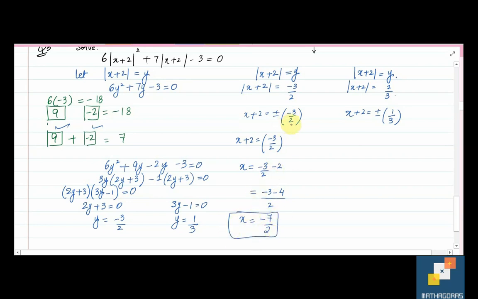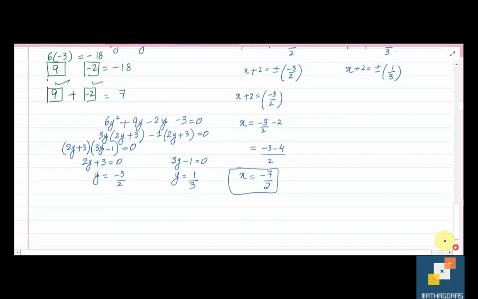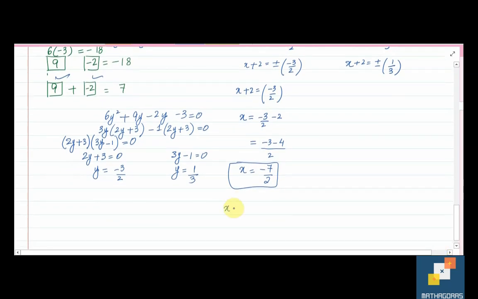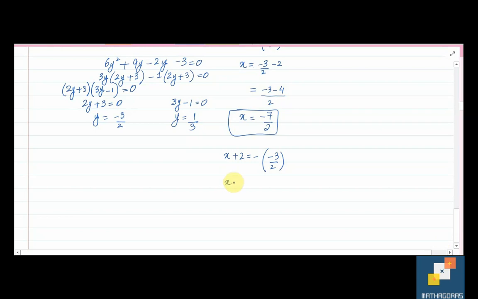If I take the negative sign, so it will be x plus 2 is equals to minus of minus 3 divided by 2, right? X plus 2 is equals to 3 divided by 2. Now you need to shift 2 on the right side.